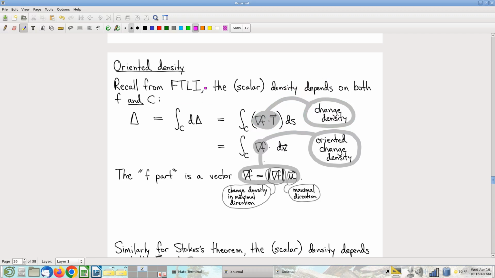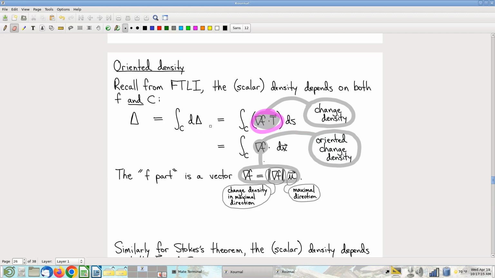Well, the interpretation that I pushed when we were talking about change density is that when you regroup that orientation vector into the vector differential, as is really more natural, then the idea is, don't think of a density as something you multiply by a size to get a quantity.